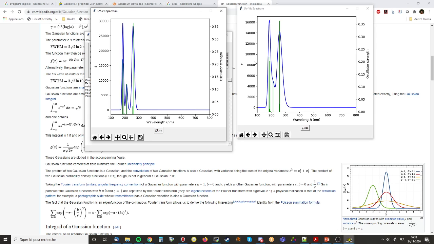And please, if you can indicate when you do this kind of treatment, if you don't use, for example, 3000, please indicate the value of your FWHM. Okay. Perfect.